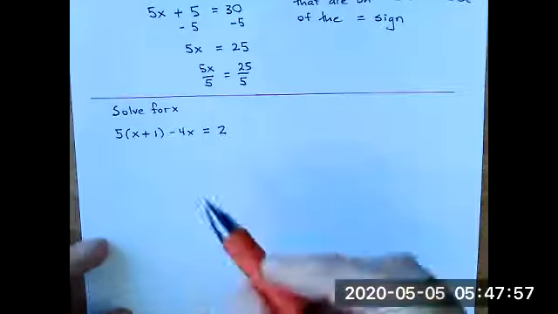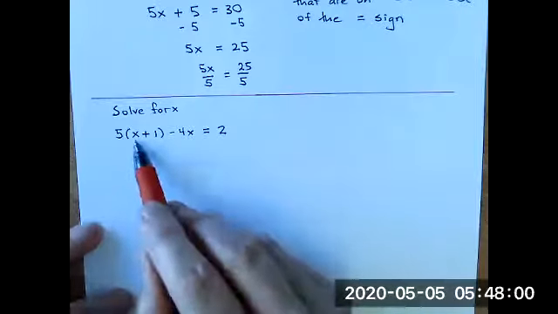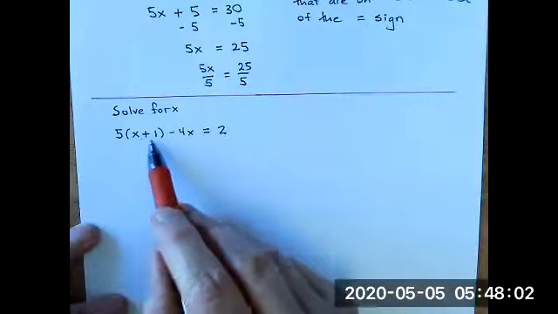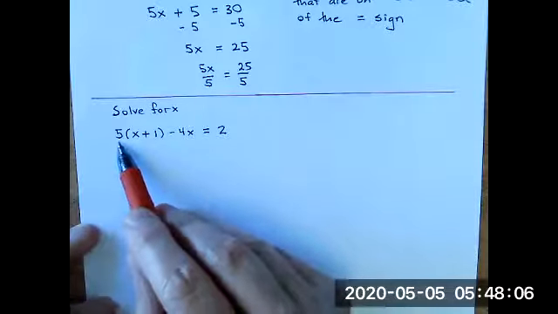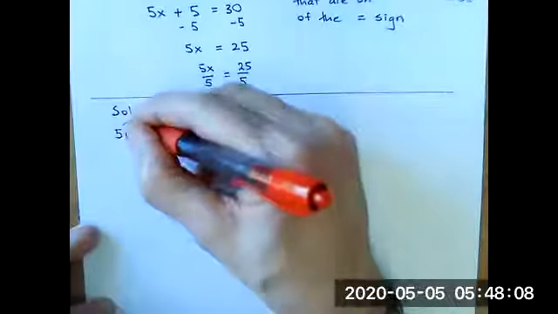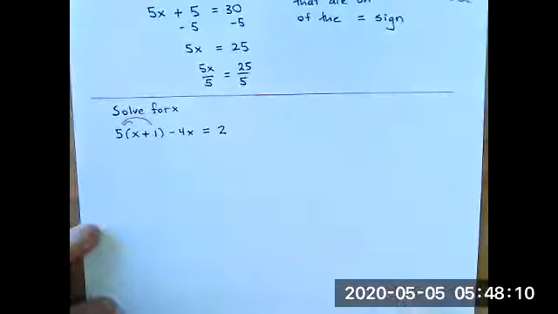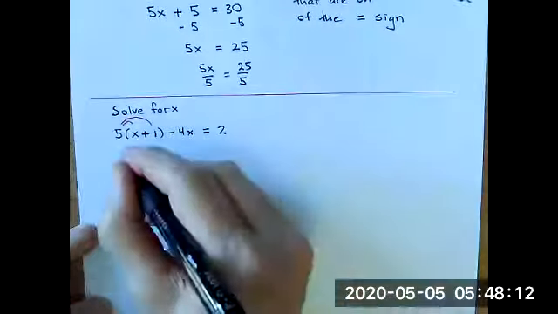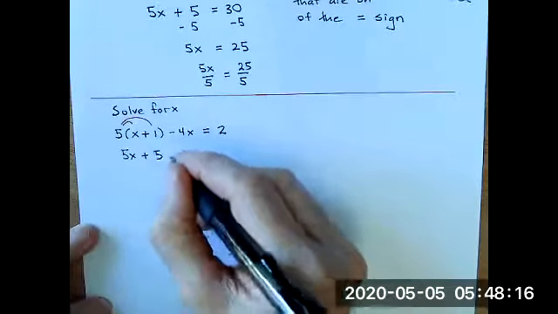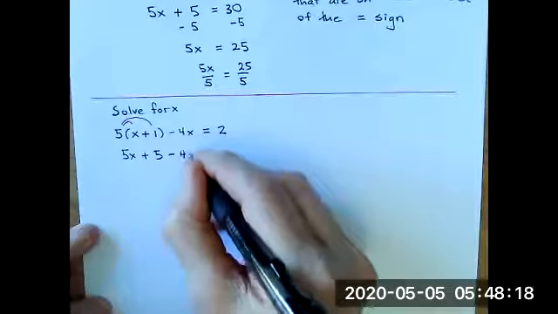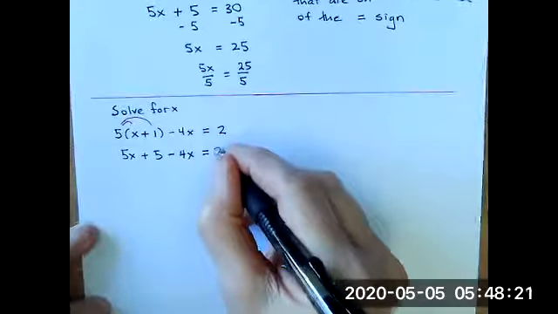Solve for x. So we have unlike terms on the inside of the parentheses. Those cannot be added. I have a factor on the outside, so I'm going to distribute. So that's 5x plus 5 minus 4x equals 2.